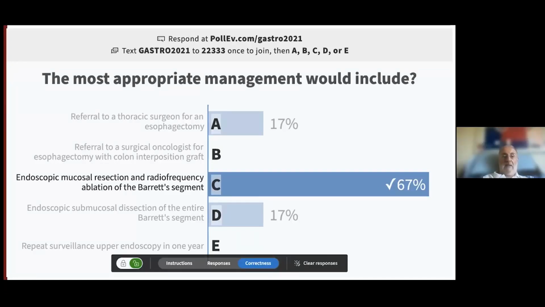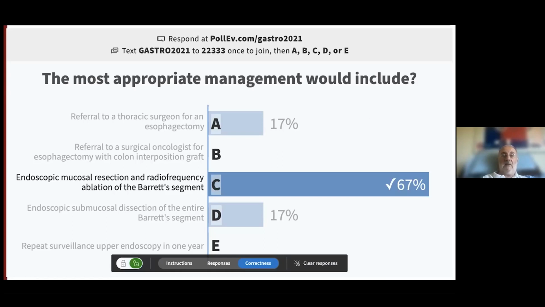So endoscopic submucosal dissection of the entire Barrett segment is not a great idea because it leads to a significant amount of scarring, and you will replace a Barrett segment with a huge structure that goes up and down the entire esophagus that will lose its pliability. So it's not the preferred approach here.